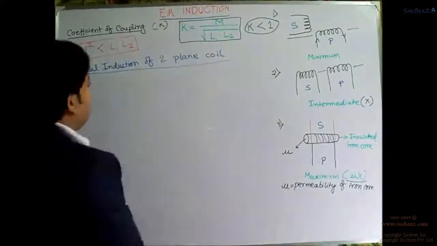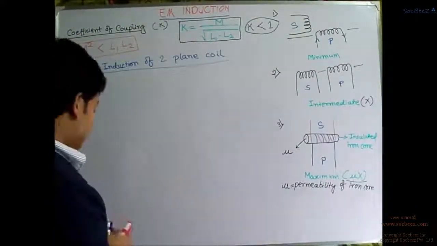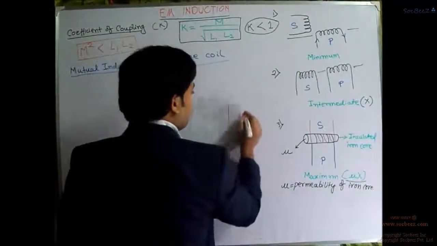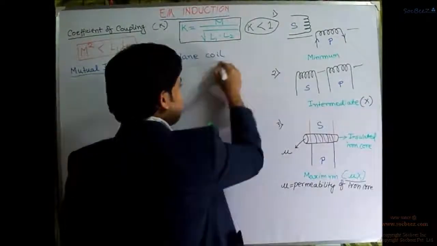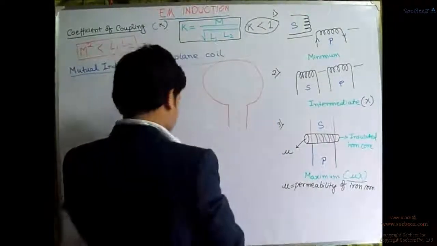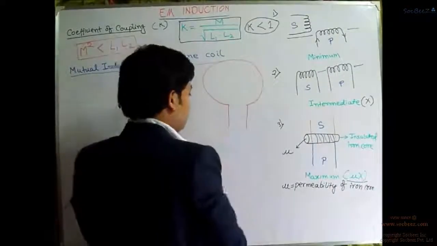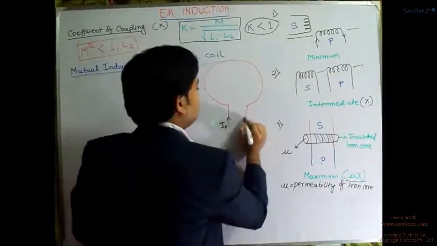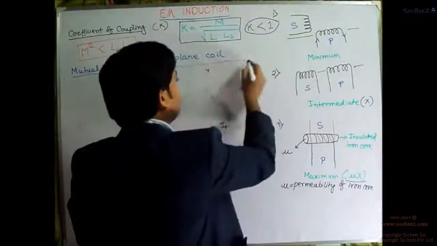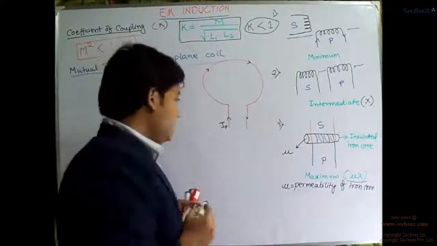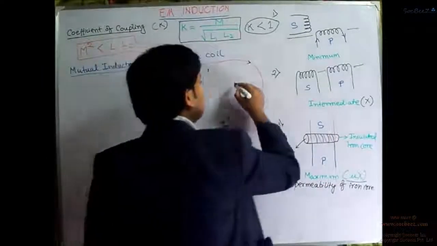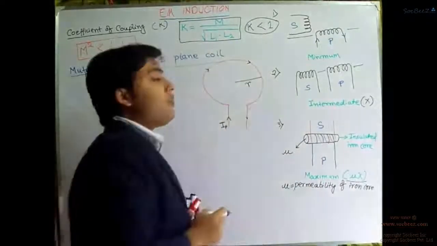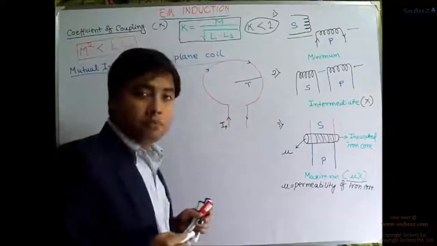So the mutual induction of two plane coils, as we have seen in the case of self-induction, the diagram was something like this. The current Ip, right, this is the primary current. This is say the radius R of the primary loop, right?